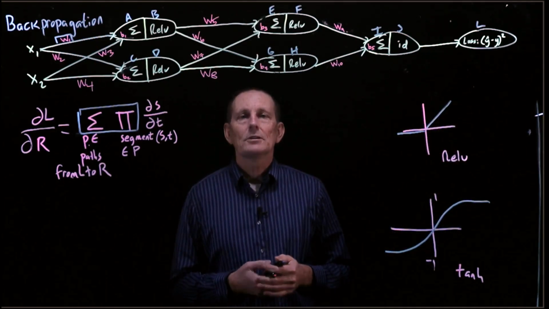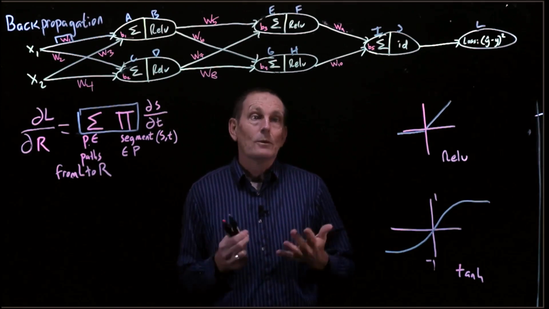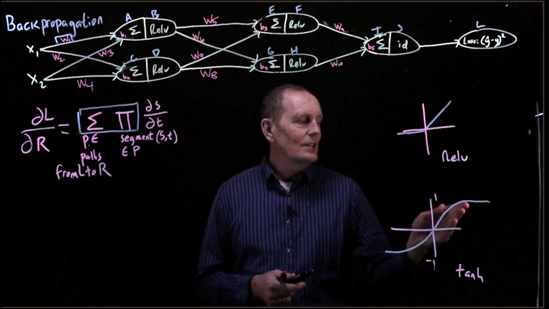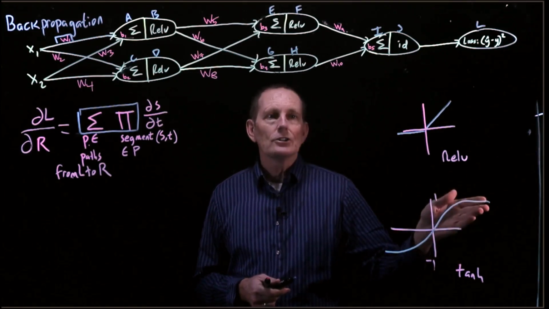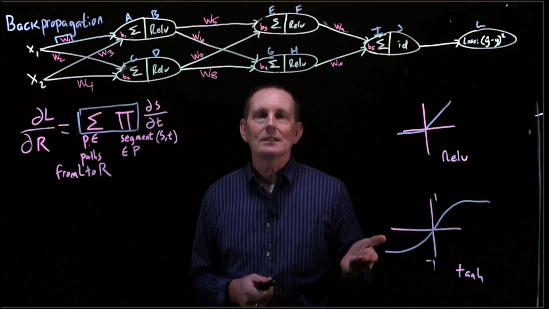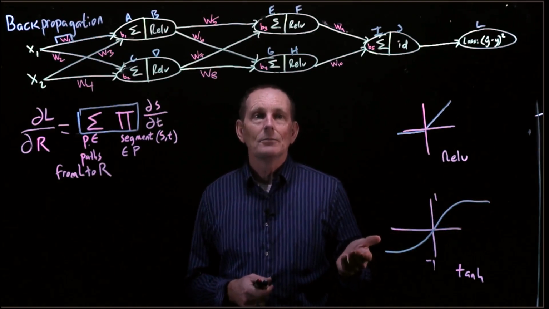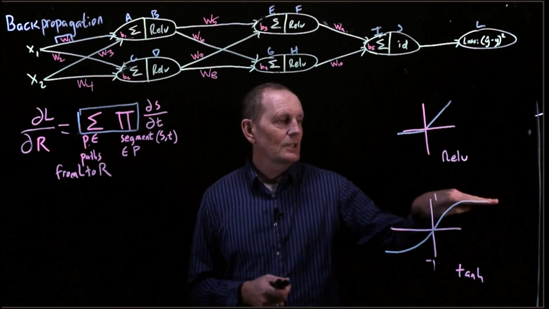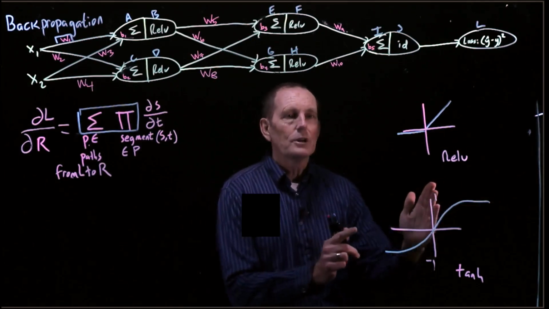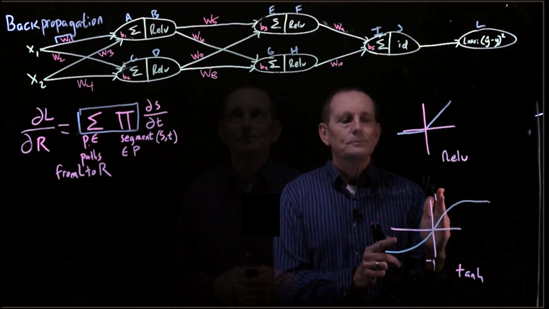What's our maximum gradient in ReLU? It's 1. Basically, it's either 1 or 0. What about tanh? If the input is large or small, big negative or big positive, then the gradient becomes close to 0, because we're asymptoting to 1 or negative 1. So there's only a small range where we've got a useful gradient.